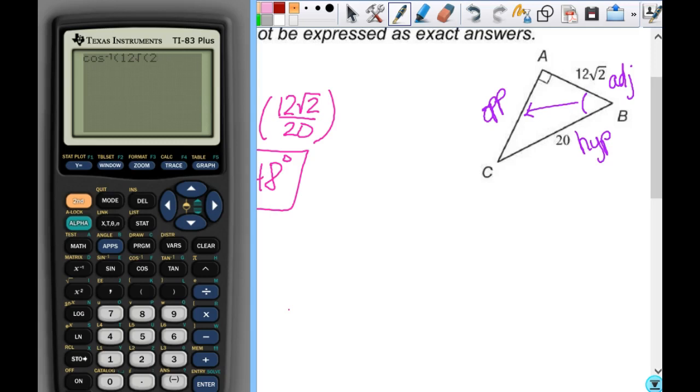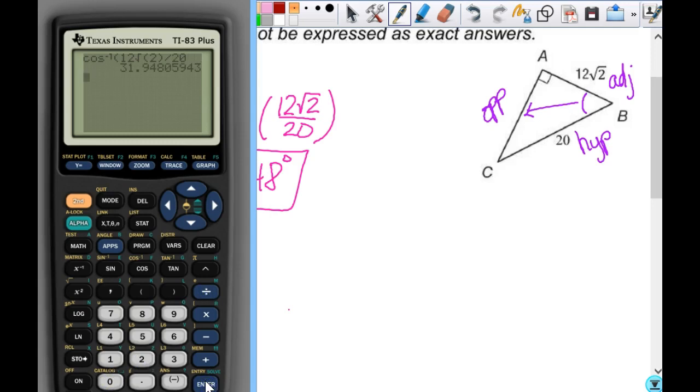If you don't close the parentheses here, then what you're telling it to do is take the square root of 2 divided by 20, and then you're taking the cosine inverse of some ginormous number, which doesn't make any sense. So I want the cosine inverse; I've got to close that and then divide it by 20. And that gives me my answer.